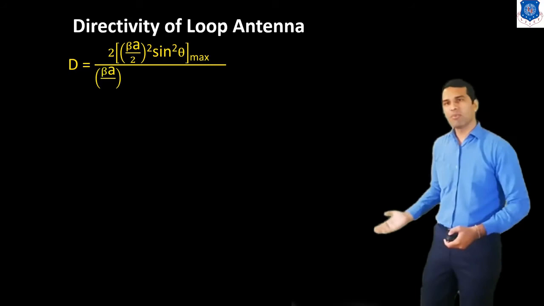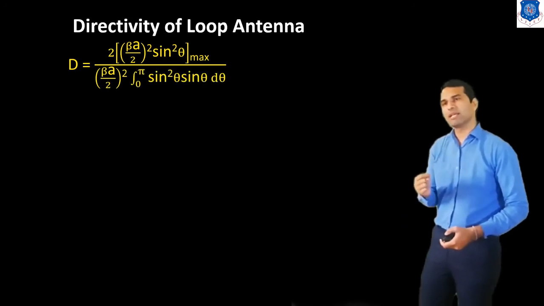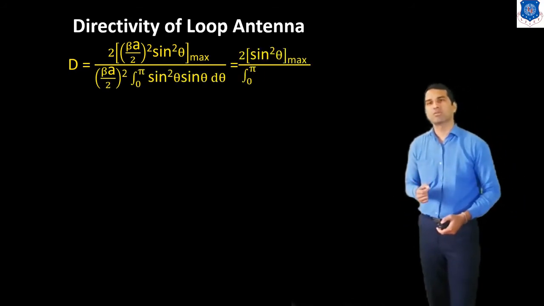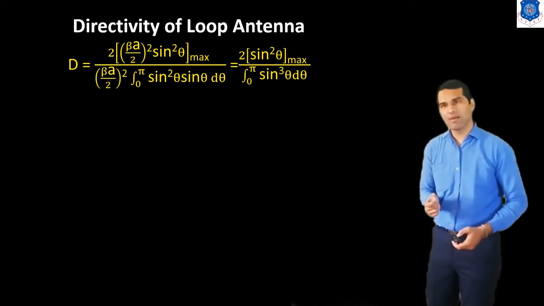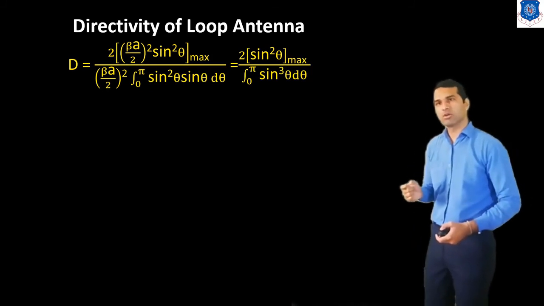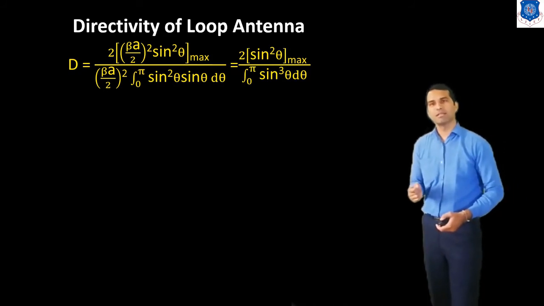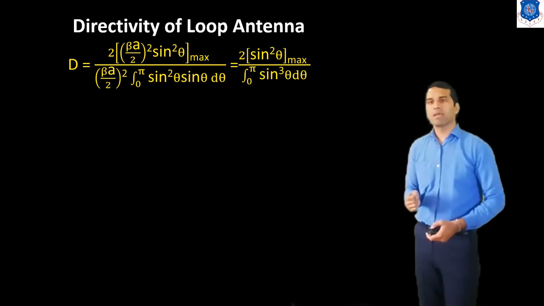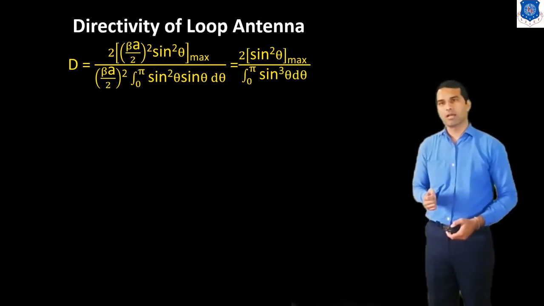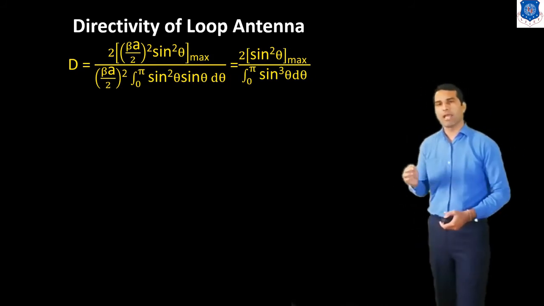When we simplify the previous equation, we can write D is equal to 2 beta a by 2 square sin square theta, over beta a by 2 square, 0 to pi sin square theta sin theta into d theta. Now beta a by 2 square cancels in the denominator and the numerator.